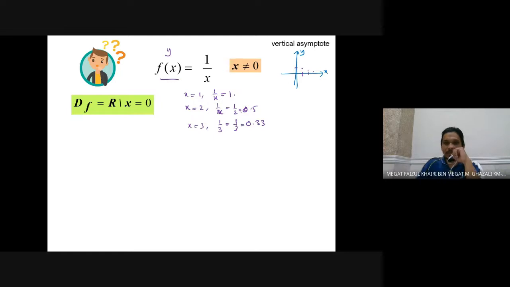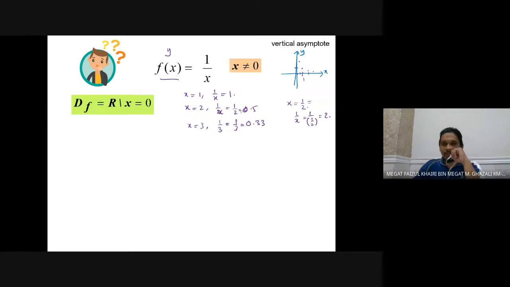So recall, let's say this is the origin point of 0, 0, and this is 1. So there's a value in between 0 and 1, which is 0.5 or 1 over 2. Then 1 over x equal to 1 over 1 over 2, which is equal to 2.